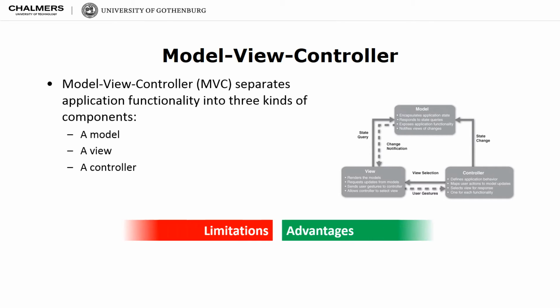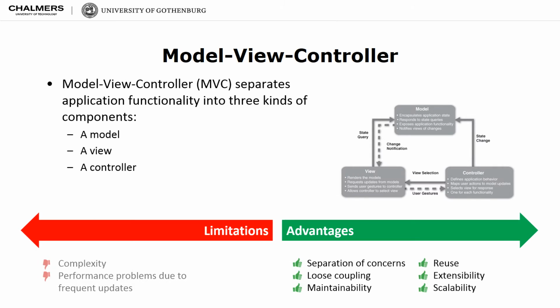On the advantages side, because these components are loosely coupled, it is easy to develop and test them in parallel, and changes to one have minimal impact on the others.